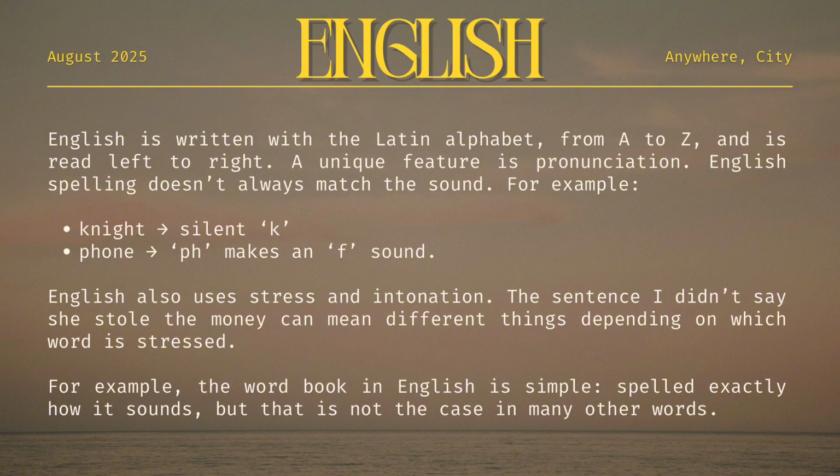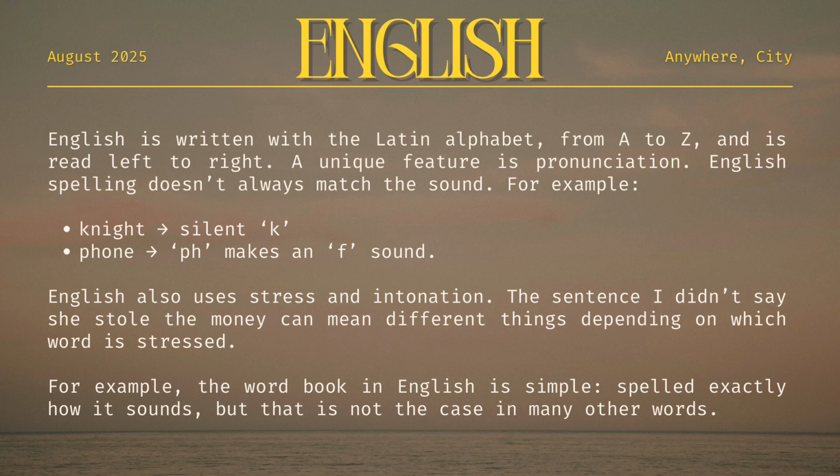I'm sure most of us who learned English know the frustration that English spelling doesn't always match the sound. For example, the word knight, which has a silent K. It sounds the same as when we're talking about the dark night sky, but here the knight is the knight in shining armor, and you can't hear the K in it.